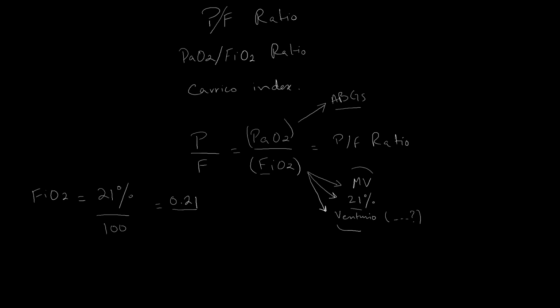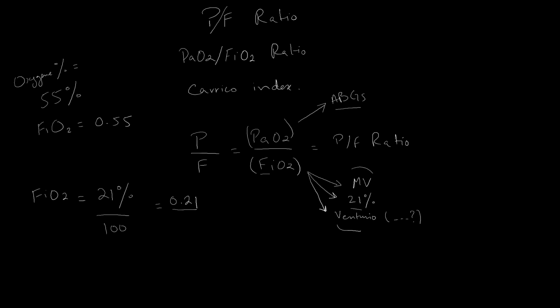In the same way, if somebody is receiving 55%, you know that the patient has an FiO2 of 0.55, whereas this is the oxygen percentage that we tend to use most of the time in our routine day-to-day life.